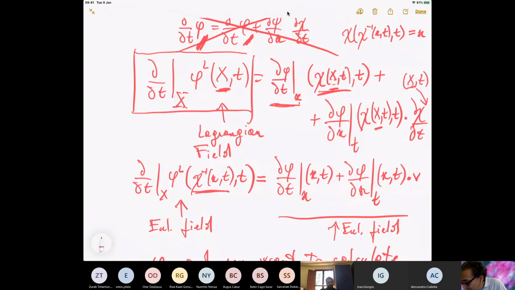This definition has the physical meaning which we have in mind. Why?